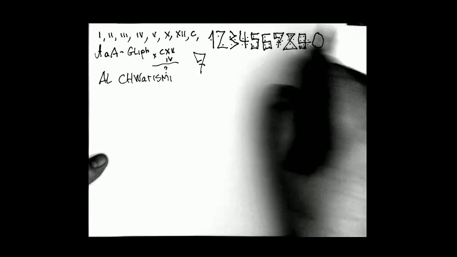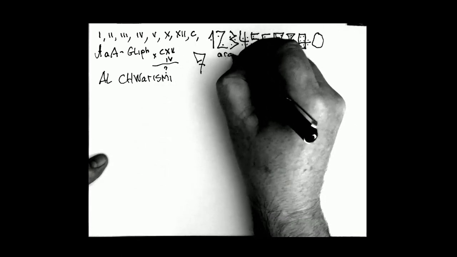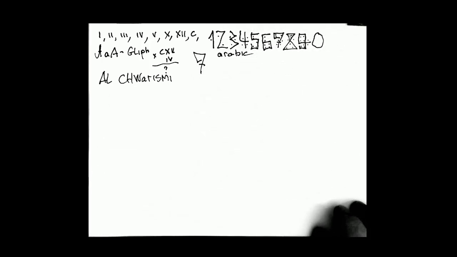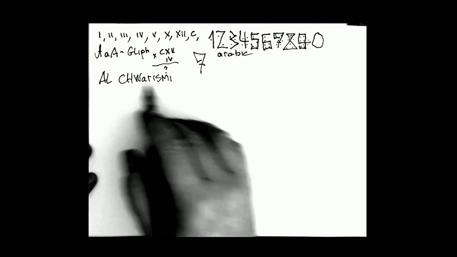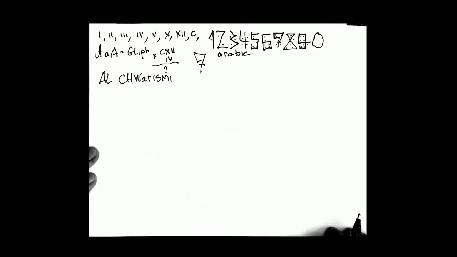Then, folks, these glyphs are now named Arabic, because Al-Khwarizmi was actually Arab and he spoke the Arabic language. He wrote the book named Al-Jabr wa al-Muqabala.